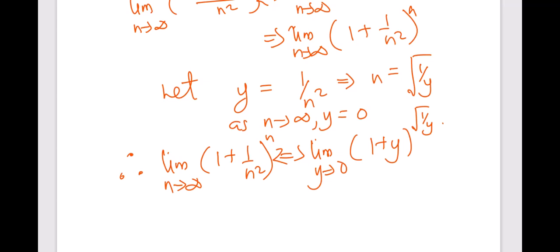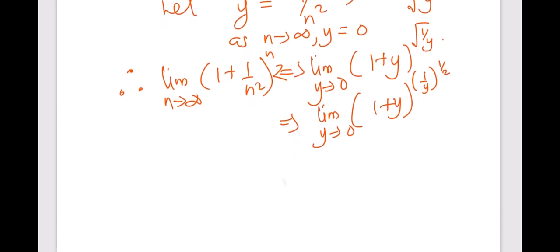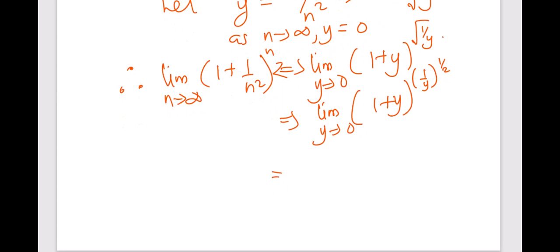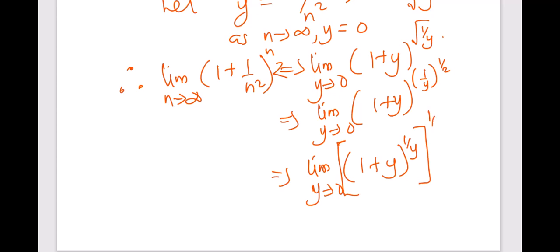And so this will imply that we have the limit as y goes to 0 of 1 plus y, all this, then we have 1 over y, all power half, like this. So right now we will have the limit as y goes to 0 of 1 plus y, all power 1 over y, all of this power half, like this.